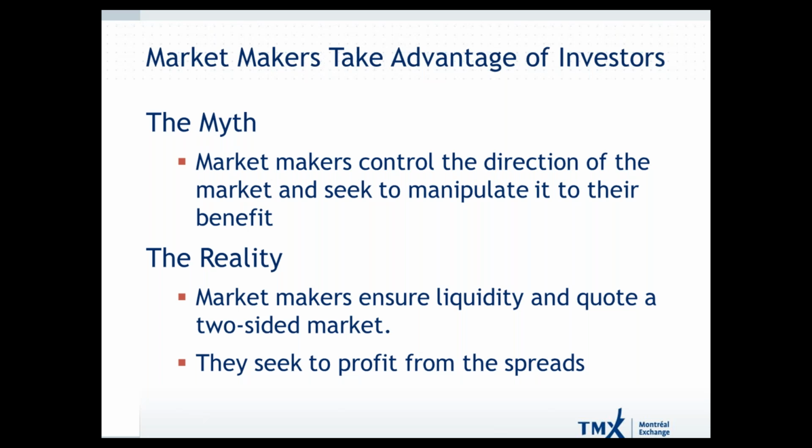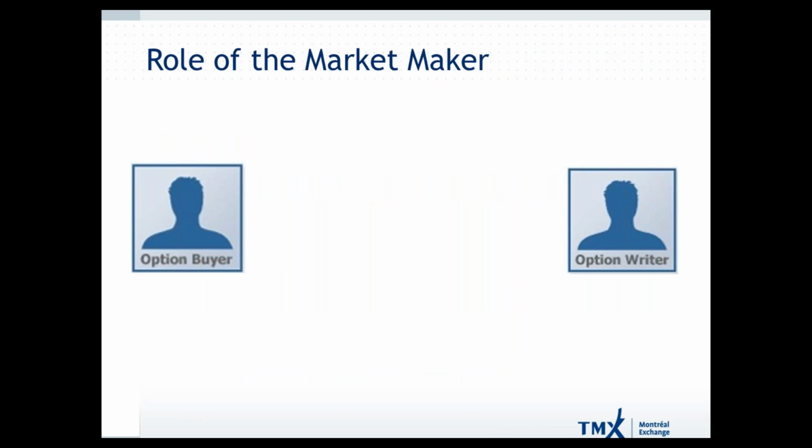So we really don't have to worry about other investors and transacting business with them. That's the job of the market maker, and they're not out there to manipulate. They're out there to provide liquidity.